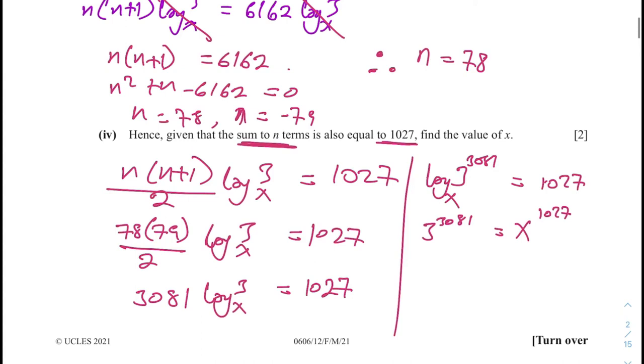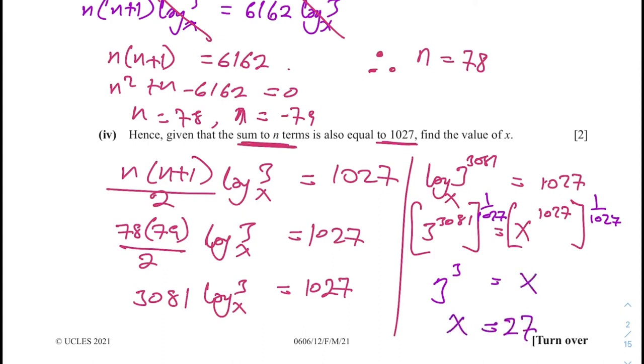This could be huge for the calculator. So before we redo it, I just want to give it a try before I think about another step. I can decide to multiply both sides by 1 over this, so that I can find just x. It's a way that we get out of trouble in maths. If I do 3081 divided by 1027, I get 3. Good. So this is 3 to the power 3.